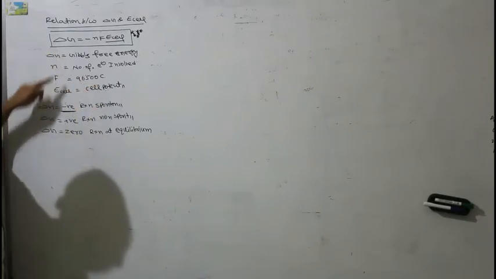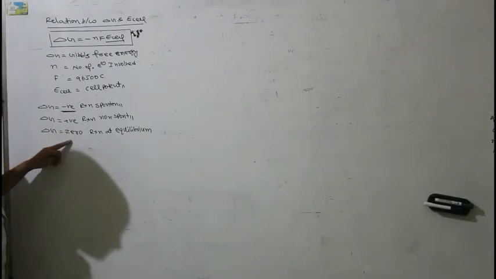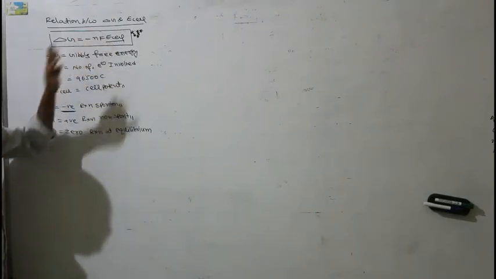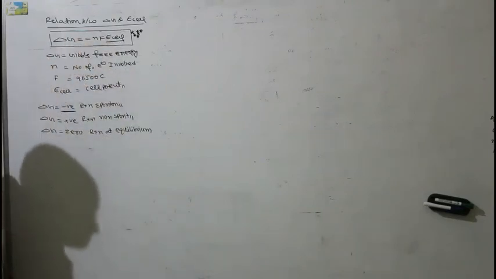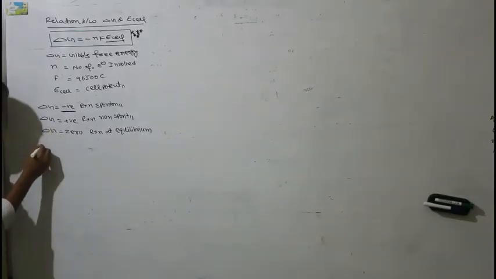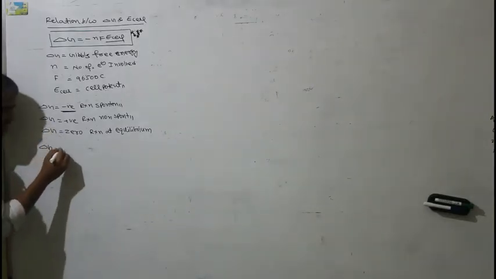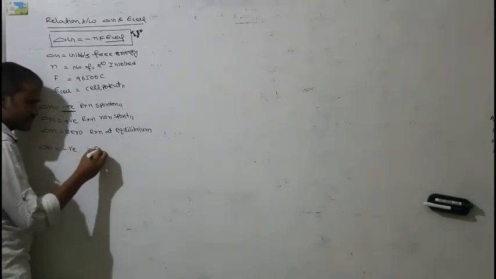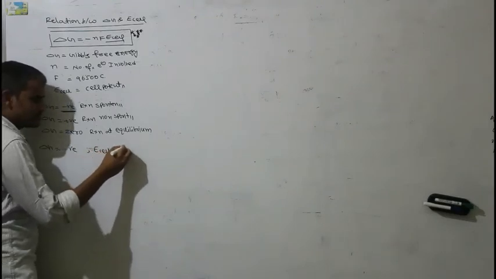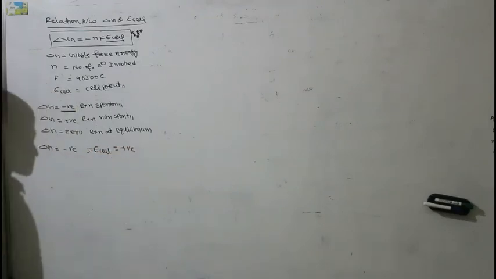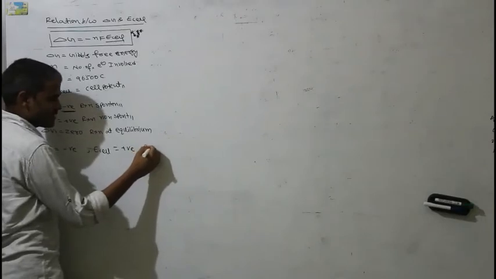So whether del G becomes negative, positive or 0 depends on the E cell only. This is an important one. For del G to be negative, E cell must be positive. Then only the reaction becomes spontaneous.